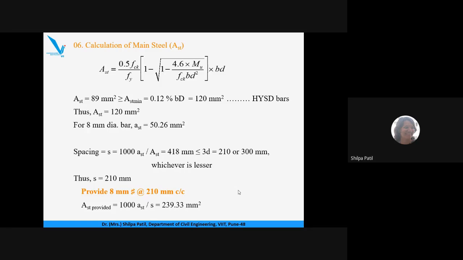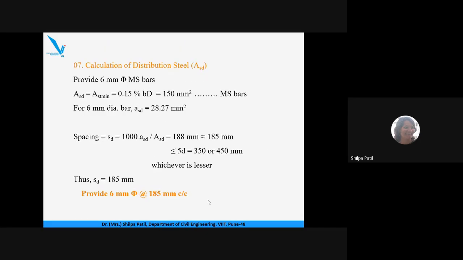So it is not included here. But practically, we have to check the percentage steel we are getting against the AST provided, and it should be less than the critical percentage of steel provided for the balanced section. So from an exam point of view, if you don't do that step, it is okay. But practically you should adopt that step. Is it clear? Yes, ma'am.